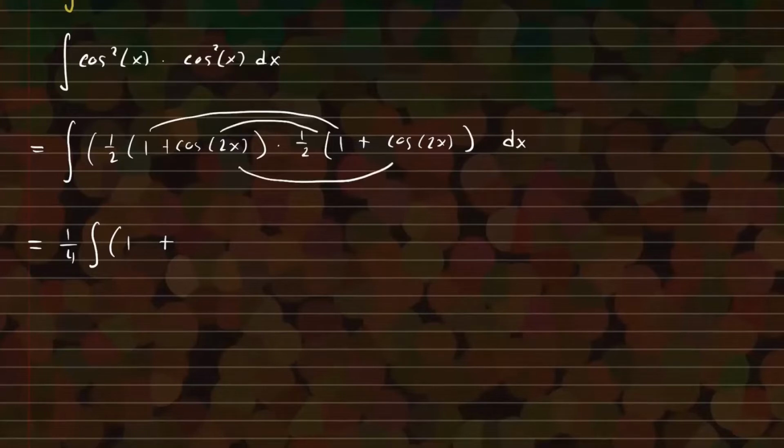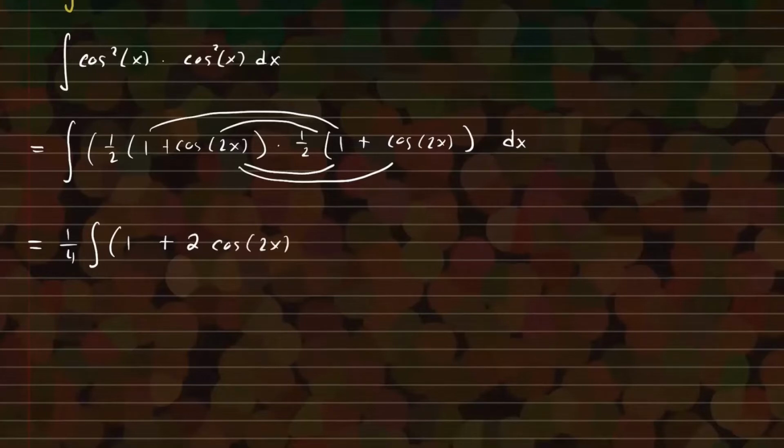Now I'm going to pull out the 1/2 from here and here, so that will be 1/4 coming out. Then we have the integral. Now let's expand this out. 1 times 1 gives us 1. Plus, if you expand this with that, and then this with that, you're going to get 2 of those, so you will have 2 cosine of 2x.